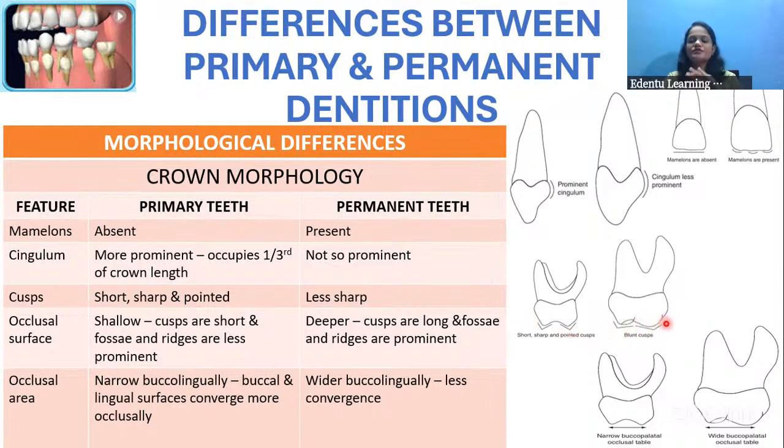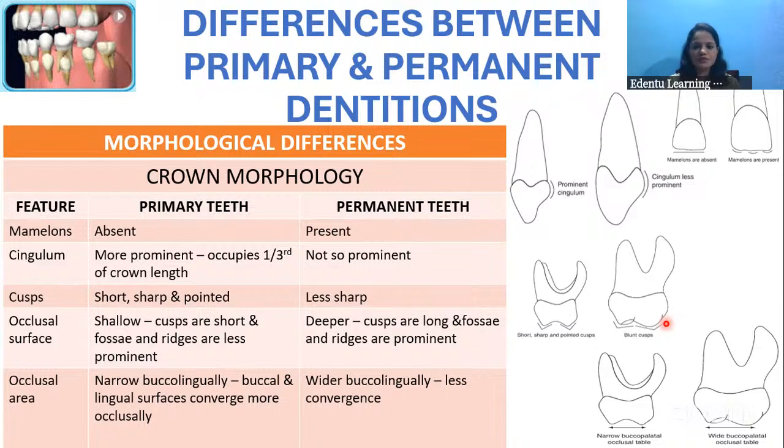Because of this, the ridges and fossae will also be less prominent, so the occlusal surface of the primary teeth will be usually shallow in nature. Whereas in the permanent teeth, the cusps are blunt, but the ridges and fossae are very prominent. So that will make the occlusal surface look very deep in nature.